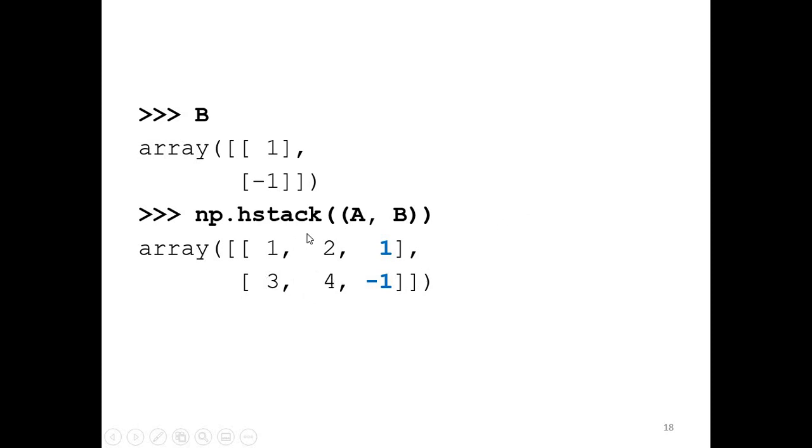So 1 2 3 4 is the original array A, and now it is stacking here because A has 2 rows and this has 2 rows. We are going in this horizontal direction, so the rows are matching here. This row, this row.